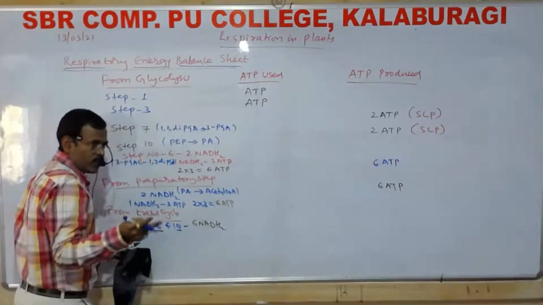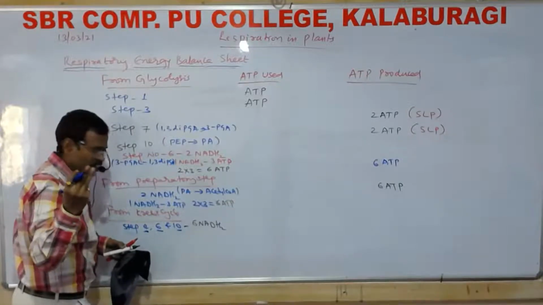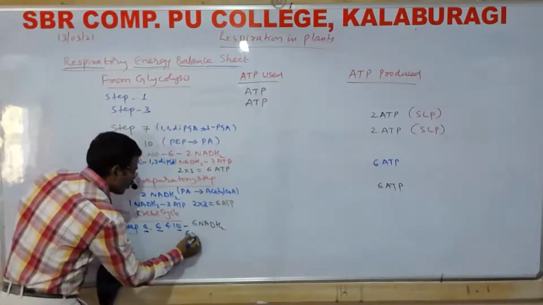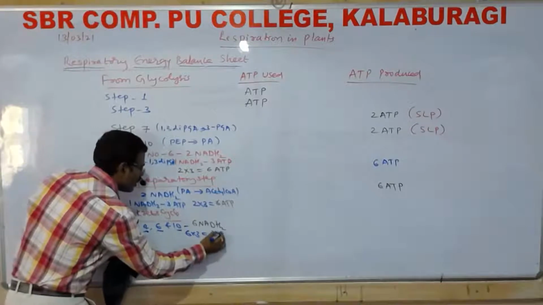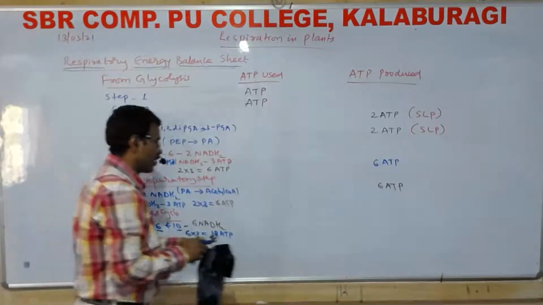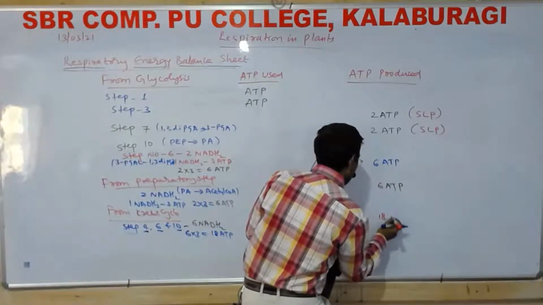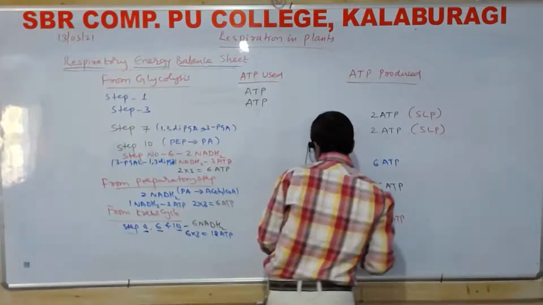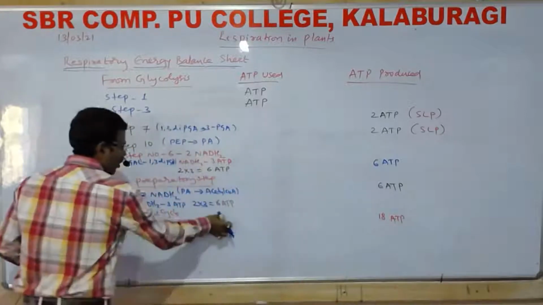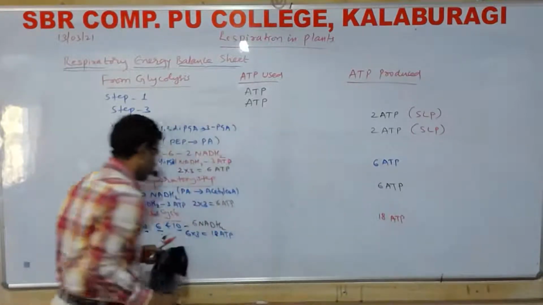Okay, 1 NADH on oxidation yields 3 ATP. So 6 into 3, how many ATP can it yield? On oxidation in the ETS, 18 ATP. Okay, from the oxidation of this NADH2.